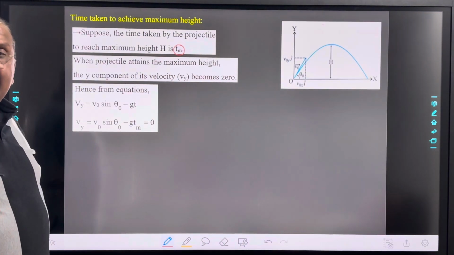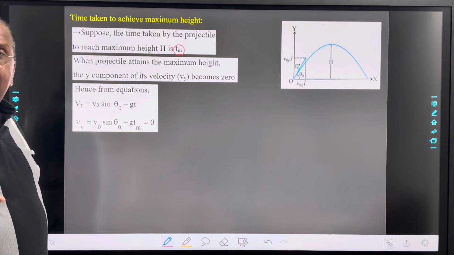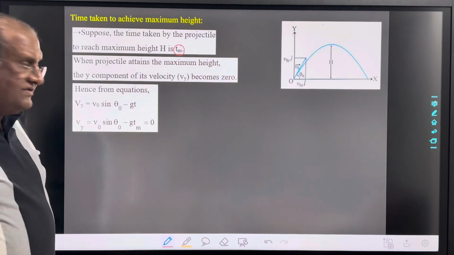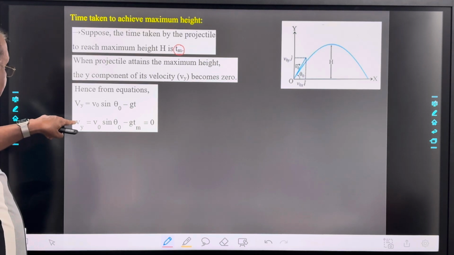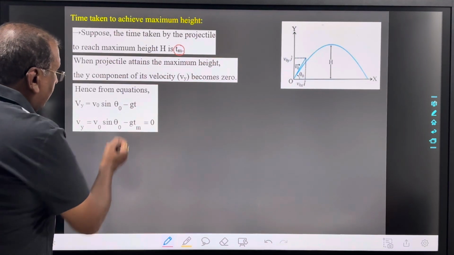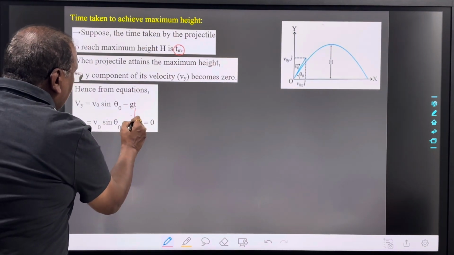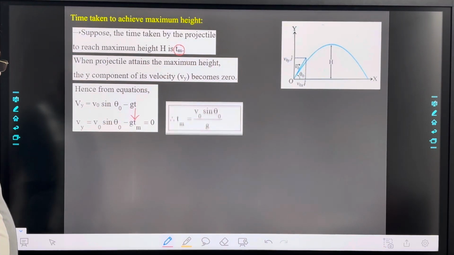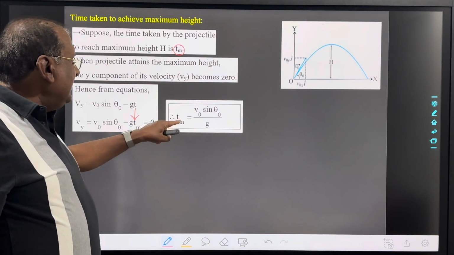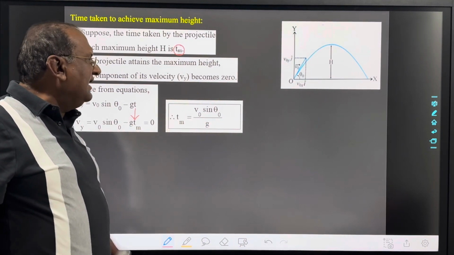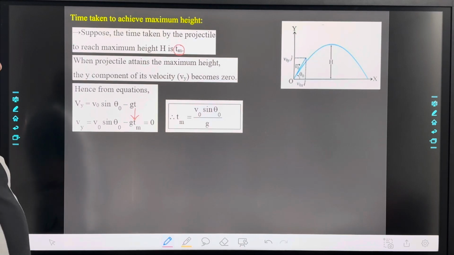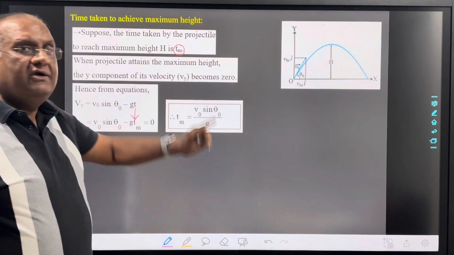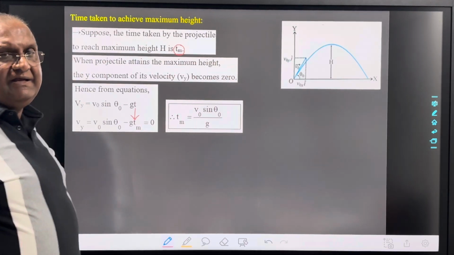So we can say at time t equal to Tm, when it is at maximum height, its vertical velocity becomes 0. So we can substitute Vy equal to 0 for time t equal to Tm. Now make Tm the subject of the equation. So we can write Tm equal to V0 sin theta0 by g. This is the equation for the time taken to achieve maximum height.